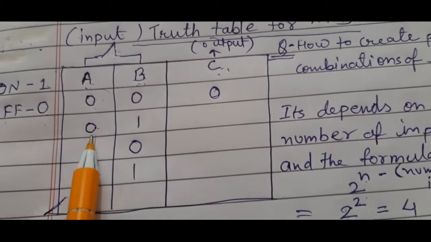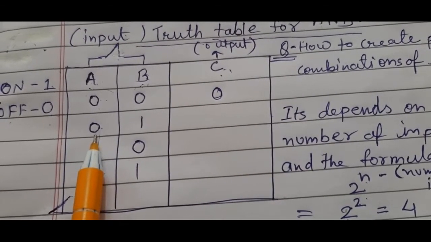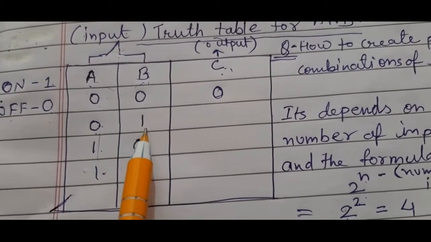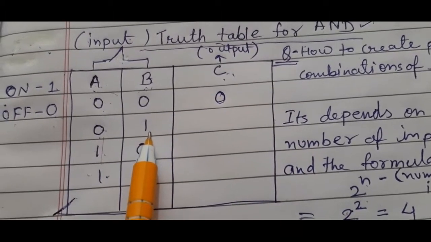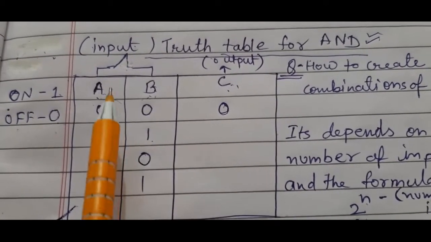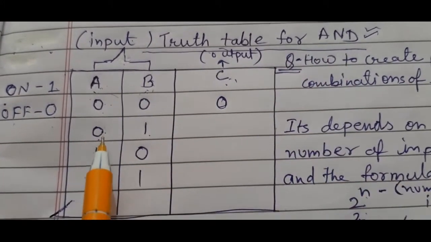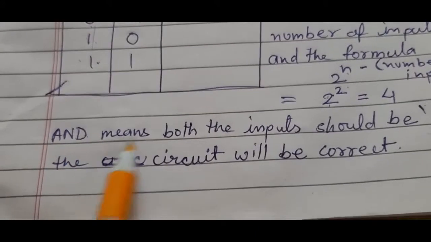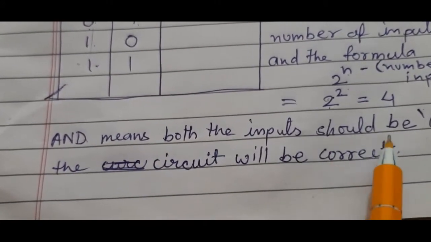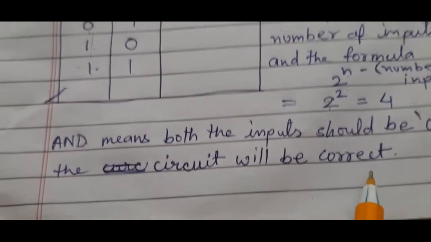If one is off and another is on, in that case, because this is the AND table, AND means both the inputs should be on, then the circuit will be correct.